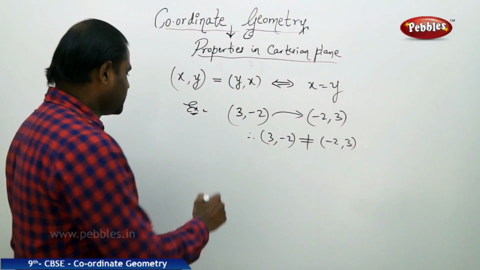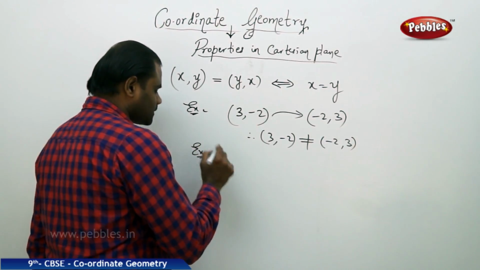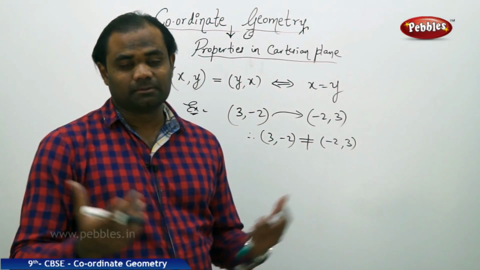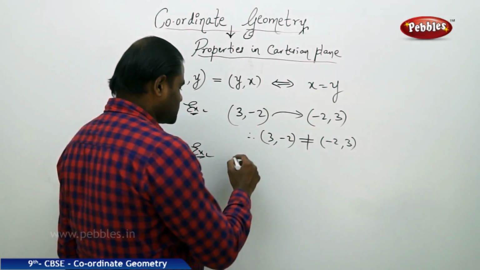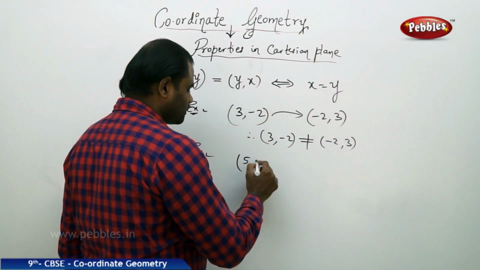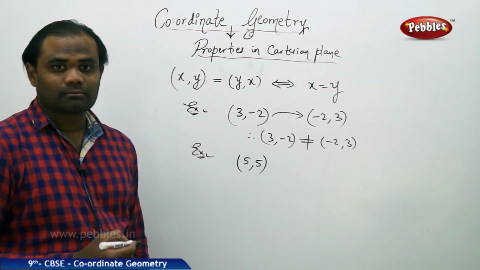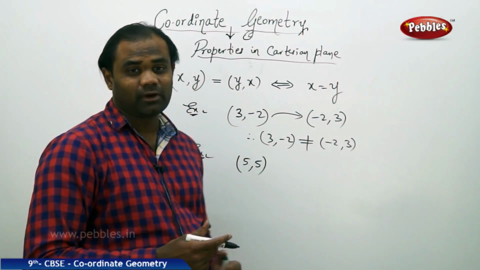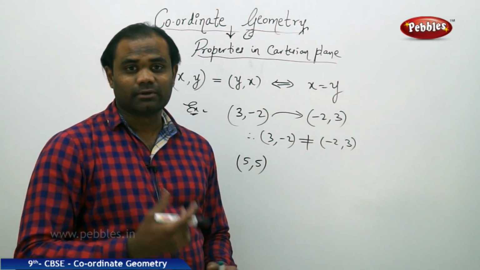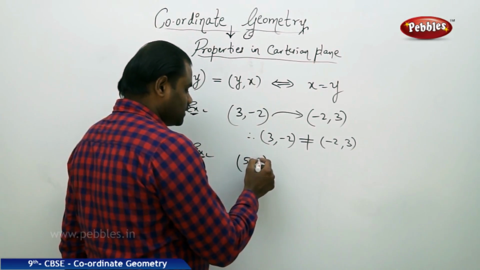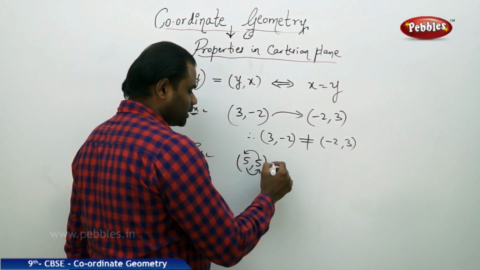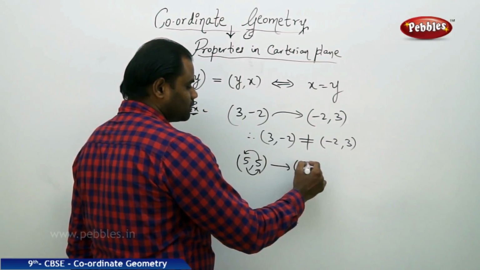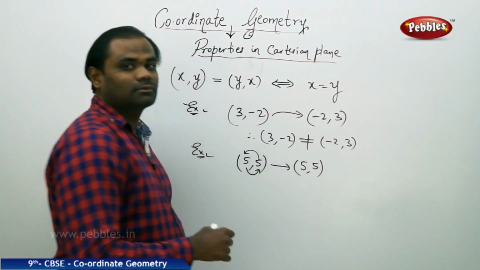But if I take another example, say (5, 5), I have the coordinate (5, 5) which I would like to reverse. When I reverse the x and y coordinates, I get again (5, 5).